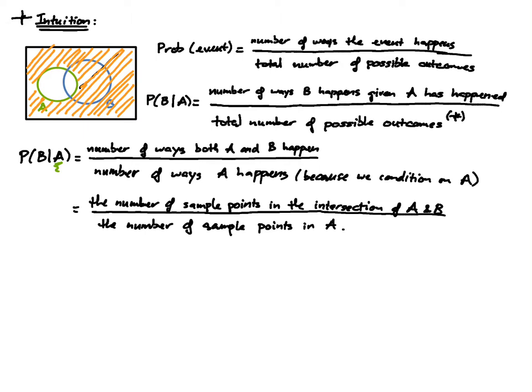So technically we could just end the formula right here and be done with it. But to make things more convenient, we want to express things in terms of probability. And in order to express things in terms of probability, we can divide both the numerator and the denominator by the total number of outcomes in the entire sample space.